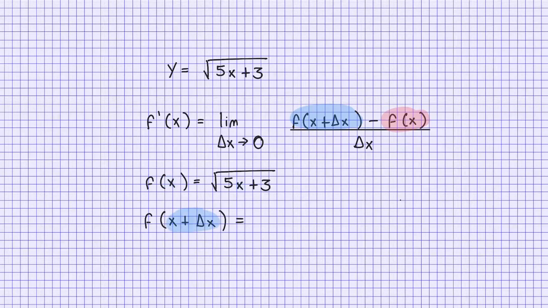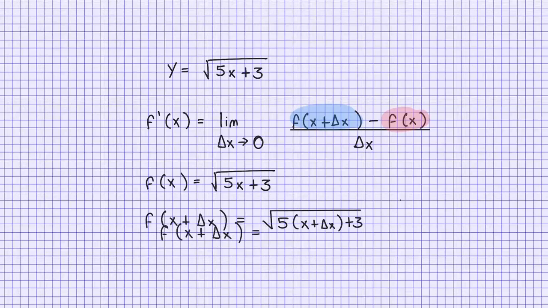So we will have the square root of 5 times x plus delta x plus 3.